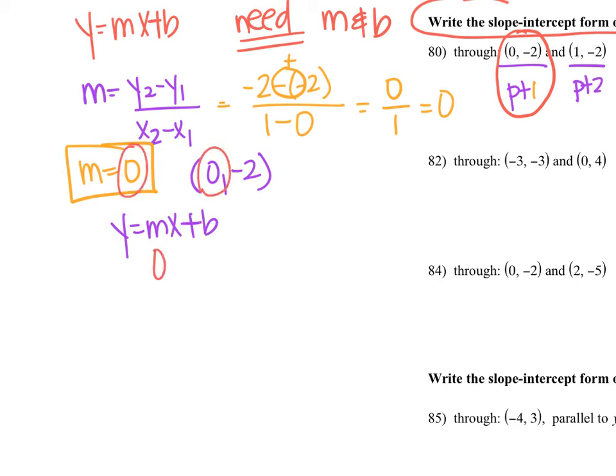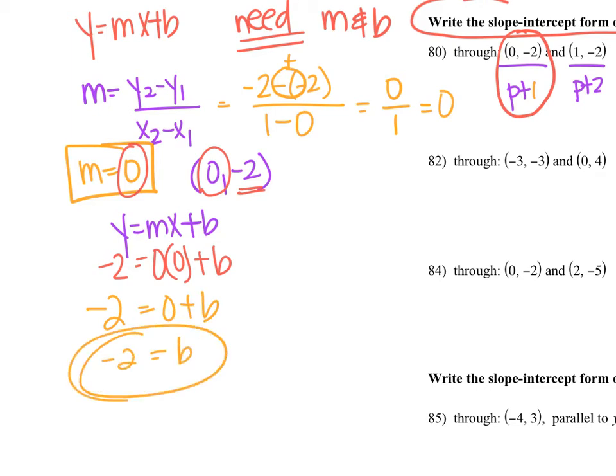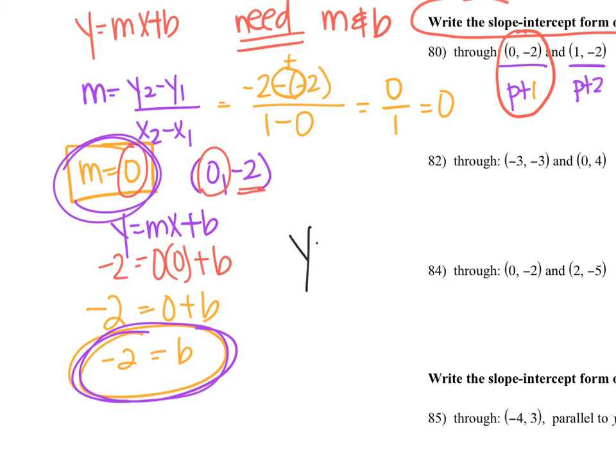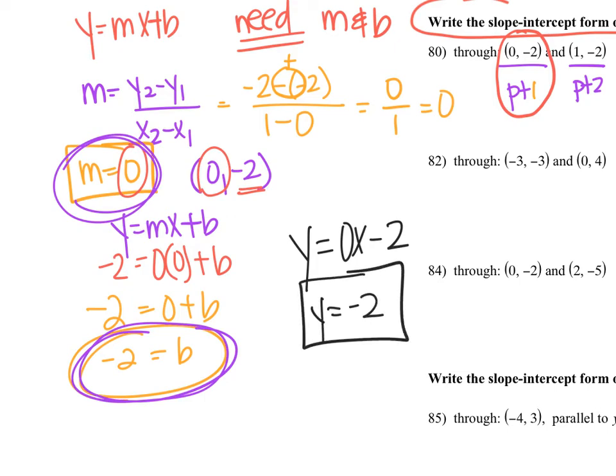I'm going to plug in this 0 here. I don't know my b, but I do know my y. And remember, don't get confused with y and y-intercept. So negative 2 equals 0 plus b. So b equals negative 2. So now that I know my b and I know my slope, I can write down my equation. So ultimately, my answer is y equals 0x minus 2, or y equals negative 2. And this is my answer for number 80.